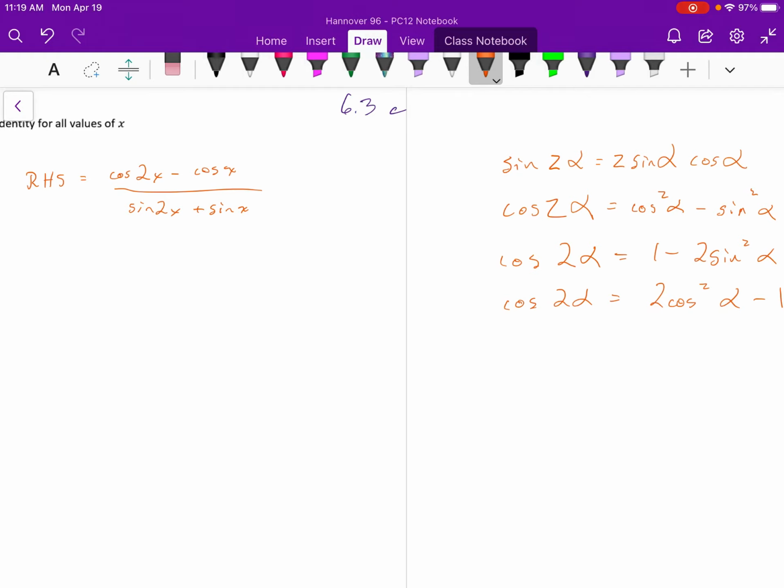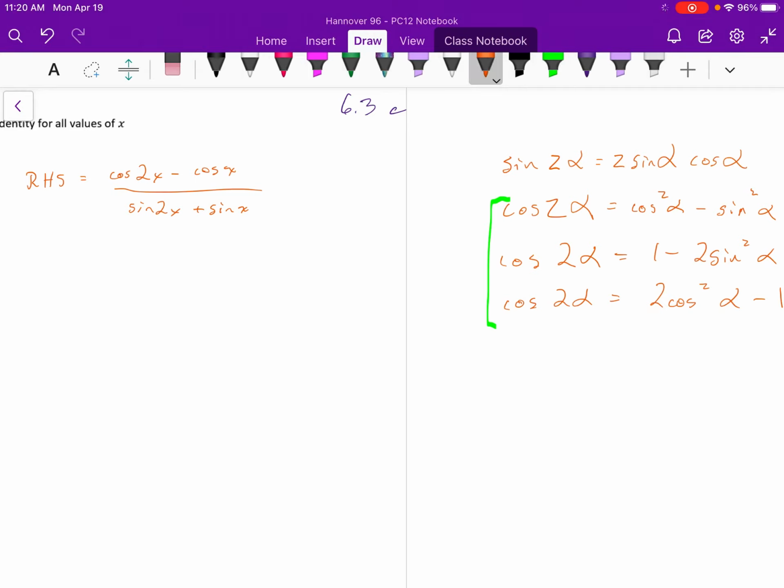Because I have cosine 2x. And whenever we're solving trigonometric identities, we likely should always try to get it as a single angle identity. So if I notice cosine 2 alpha, the double angle identities for cosine, there's actually 3 of them. Now that's not very agreeable to me.